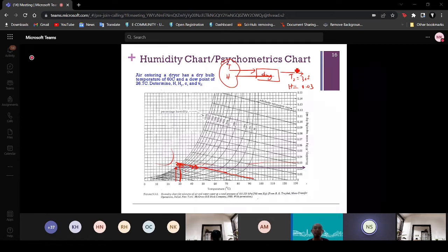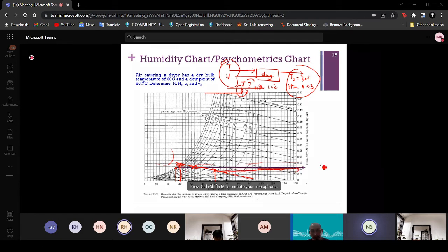Basically, when they give you the outlet on this side, you need to know another parameter. At least they must give either the temperature here or the humidity. One of them must be given. One parameter you need to know here, in order to get the humidity. For example, if they say the temperature is 60 degrees Celsius, this line meets this vertical line, so you get an intercept. From that intercept, you draw a horizontal line to your right side.